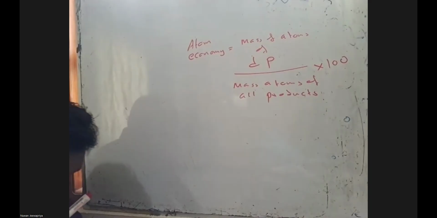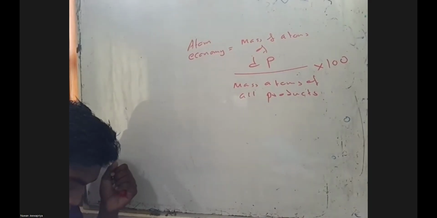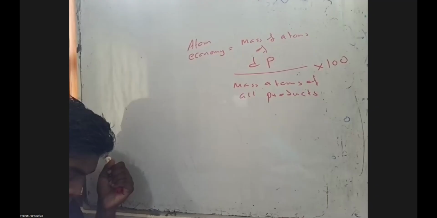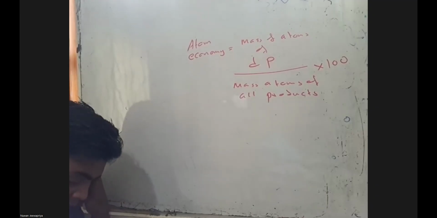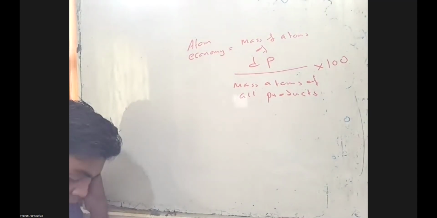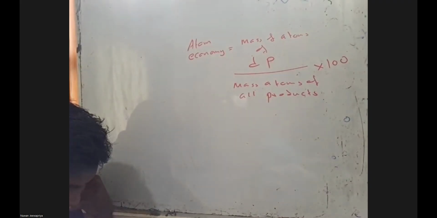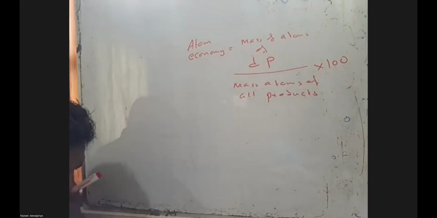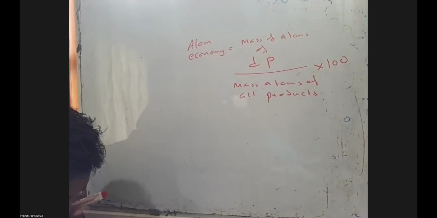So here, which method for the preparation of hydrogen has the highest atom economy? Highest atom economy by mass. Right, we see which one has the highest atom economy by mass.